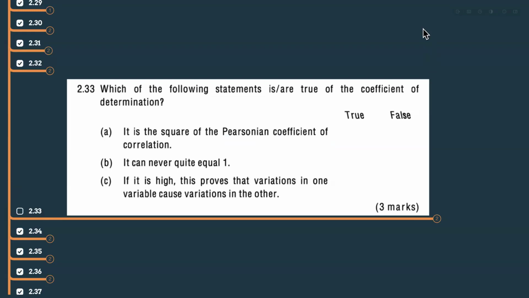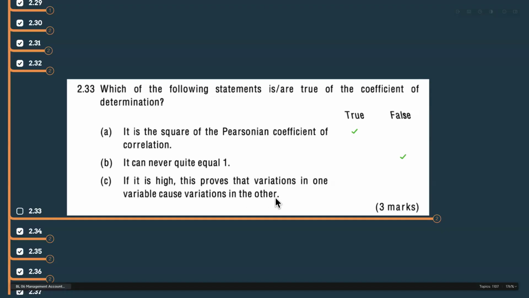So the first one is a true statement, and the second statement is false. And the next one: if it is high, this proves that variations in one variable cause variations in the other.